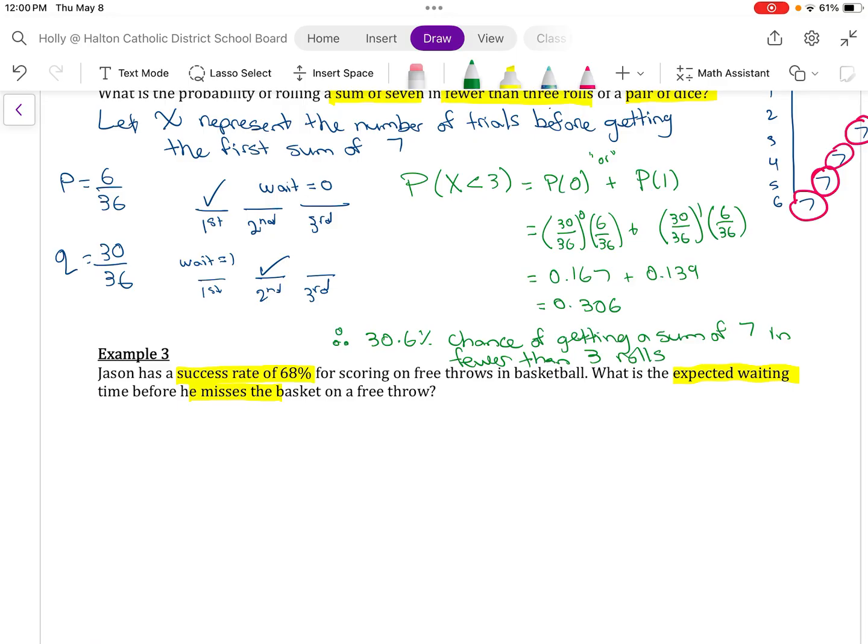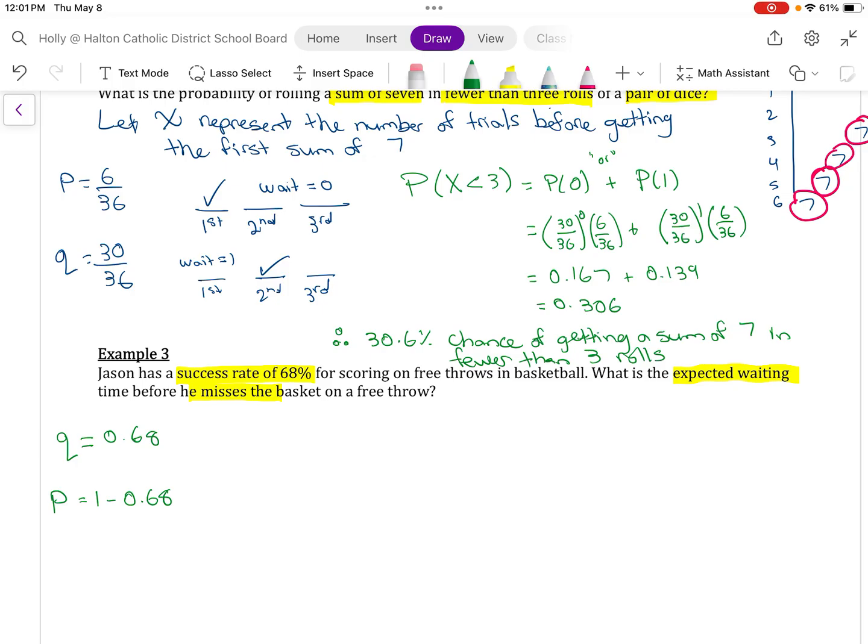So my P, let's go backwards here. My Q is him getting the basket, 0.68. My P would be 1 minus 0.68. Okay, so a reminder, your P is the probability of success.